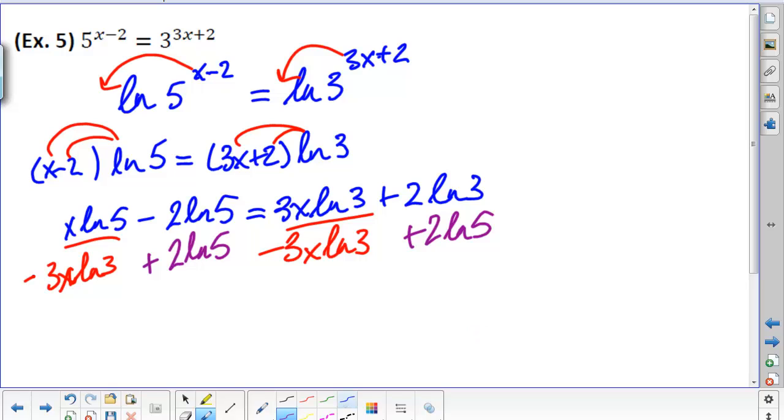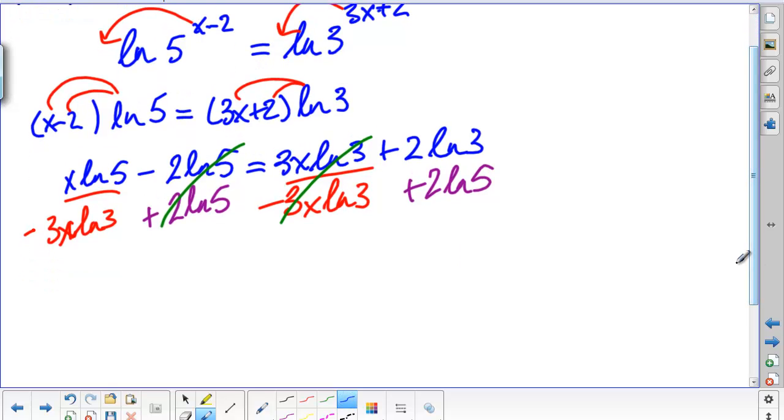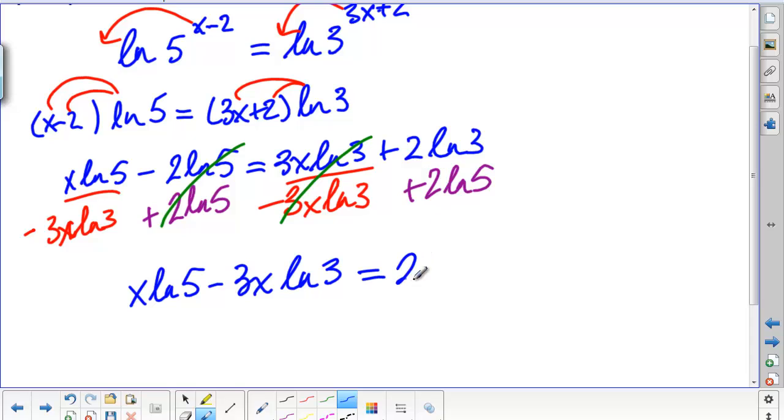This is a little weird, but just go with it. These are going to cancel. On the left side, we're going to have x natural log 5 minus 3x natural log 3. On the right side, we've got 2 natural log 3 plus 2 natural log 5.